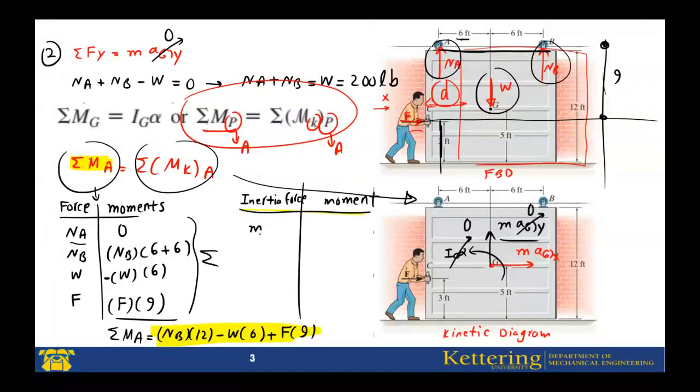I list all of them. MAGX, MAGY, and the moment, because this one is the moment, IG alpha. Now, this is already 0. The moment will be 0. This one doesn't rotate. Good. I like it. Also 0. The only moment I have is the moment of this inertial force.